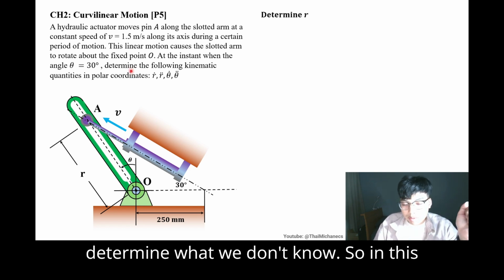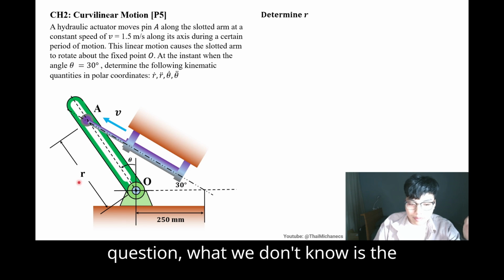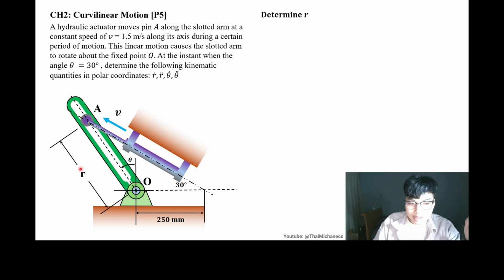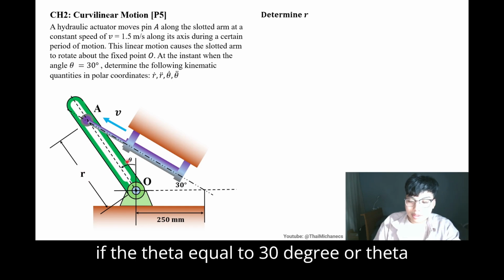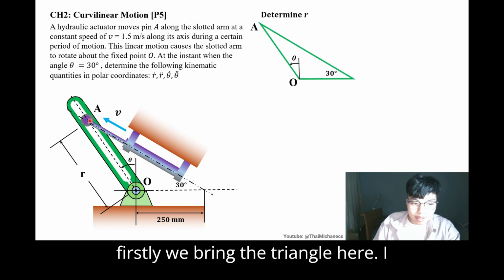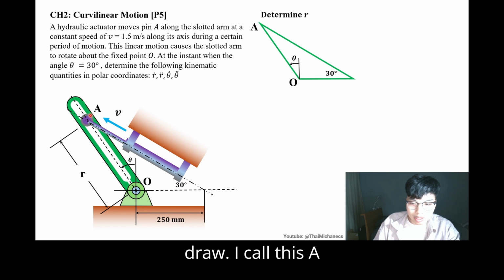Firstly, we try to determine what we don't know. In this question, what we don't know is the radius r here. What would be the radius if theta equals 30 degrees, or theta equals any degree? So firstly we bring the triangle here. I draw it and call this A and O here.